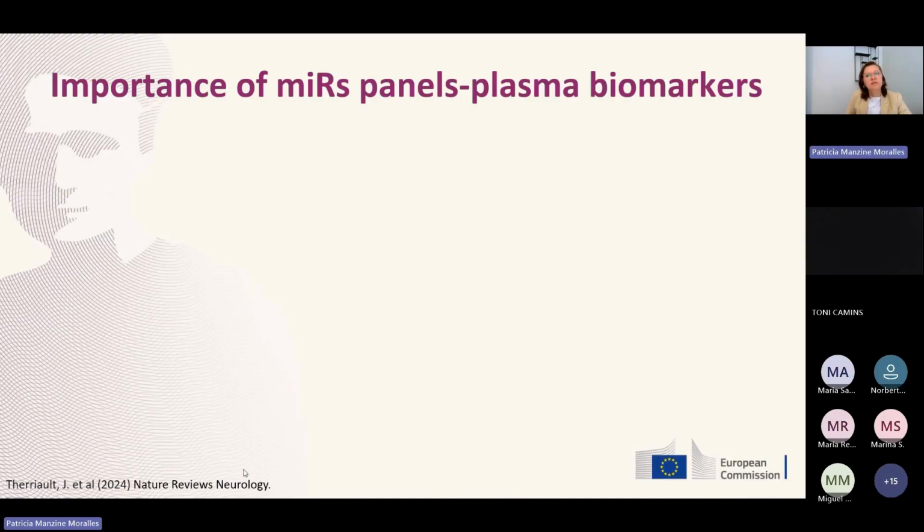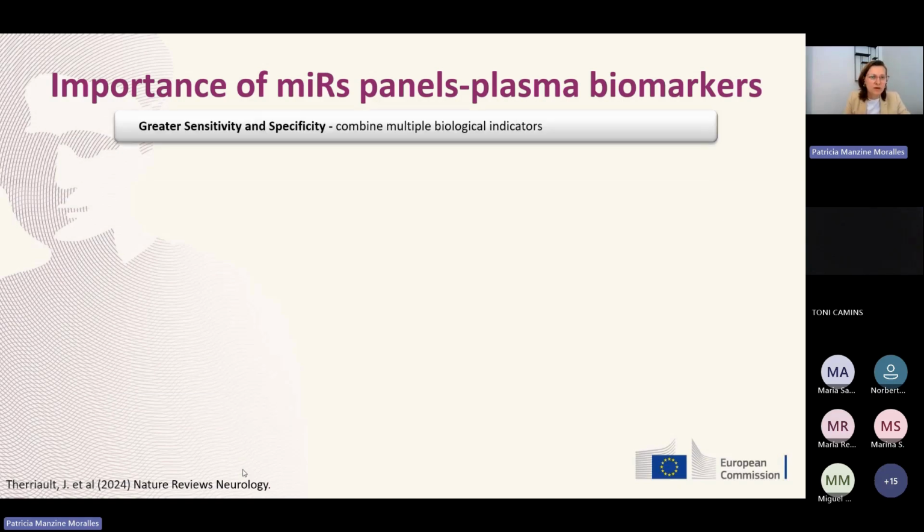Given what has been presented, we have to think why I'm looking for microRNA panels as biomarkers. MicroRNA panels have greater sensitivity and also specificity, so we can use them to combine multiple biological indicators.